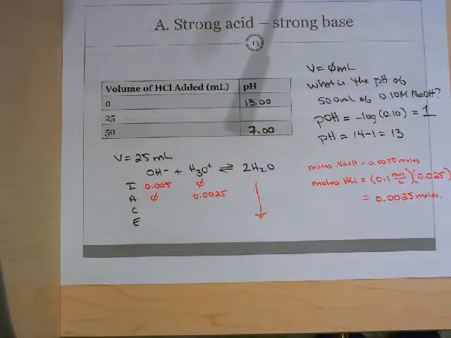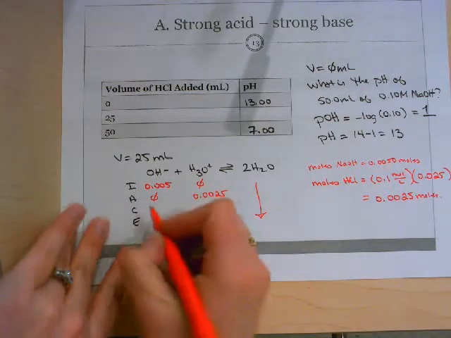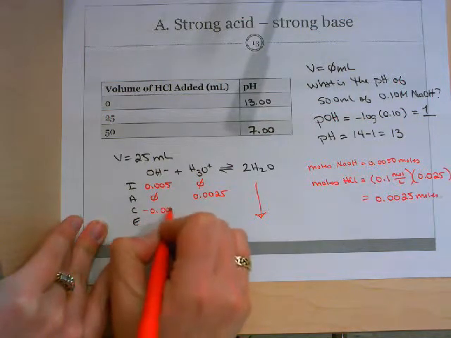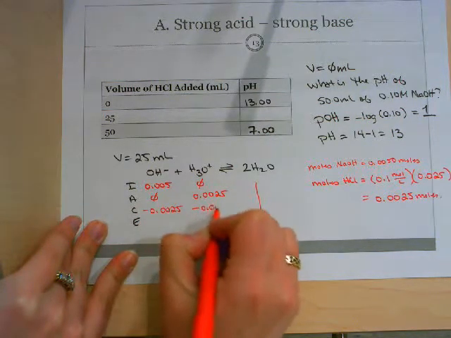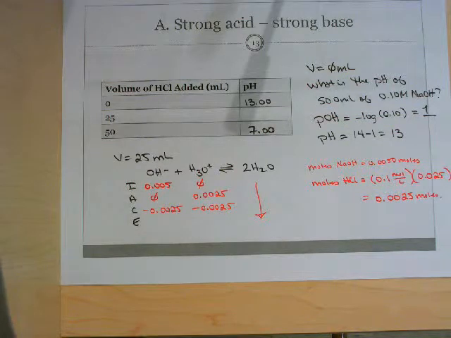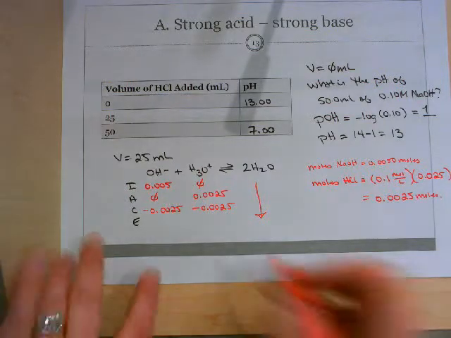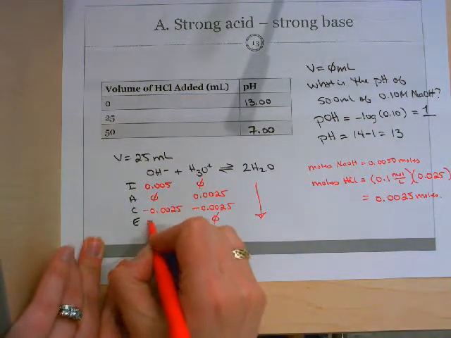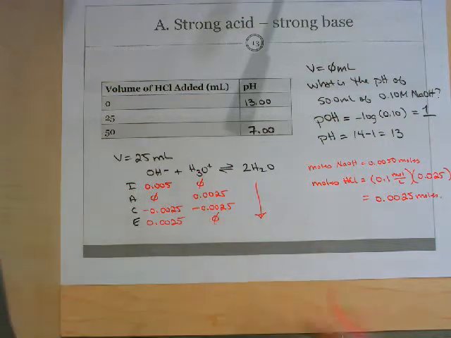You use up the one that's the least first. So I have to use up all the hydronium because that's the smaller amount of moles. Right, so the limiting reagent, you're going to use up the one that has the least number of moles first, just like we did in 108. Those guys all have disappeared. And now I have that many moles of hydroxide left.